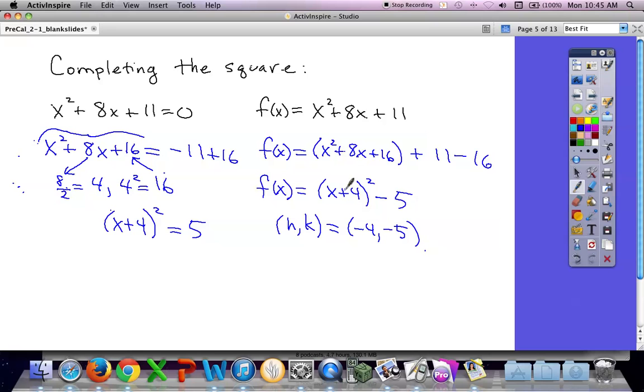Remember, the formula is x minus h in it. So if it says x plus 4, that's like x minus -4. I mean, you know that this is a shift to the left. That means x is going to be negative. And does it open up or down? Yeah. Since this is a positive number, right, +1, it opens up.